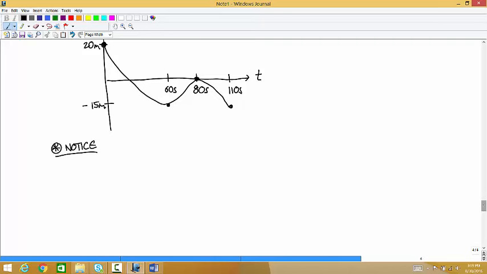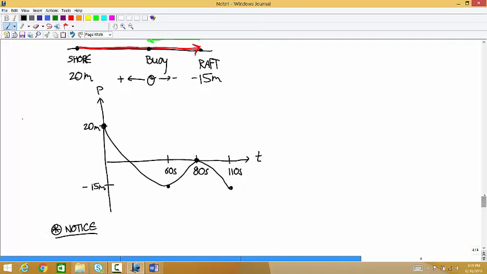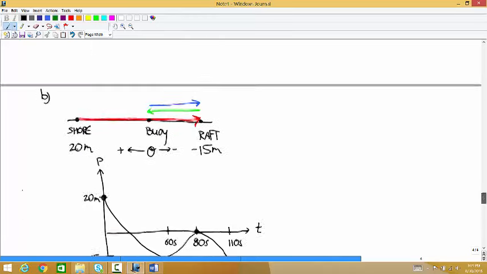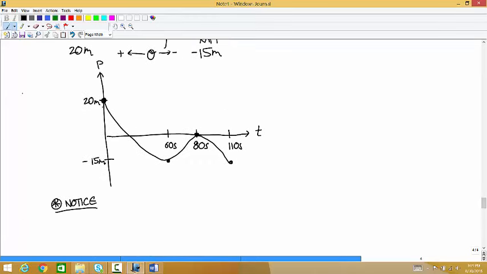The first one is look at the shape of this graph compared to the shape of this graph. All they are is flipped. It's like you took one and flipped it upside down. That came from changing the direction of the positive direction.